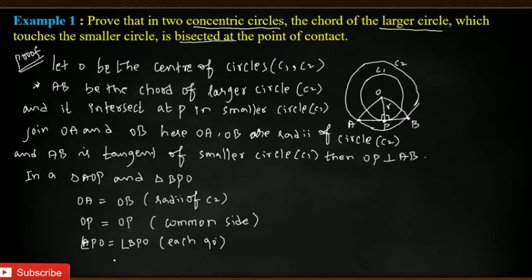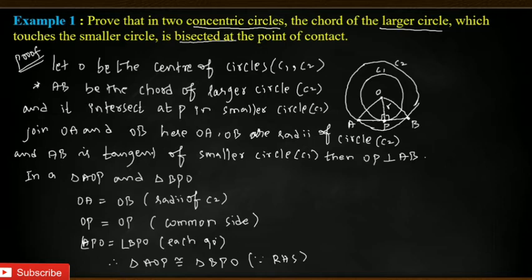Now you see, we got it. Therefore triangle AOP is congruent to triangle BPO by RHS, right angle, hypotenuse, side.